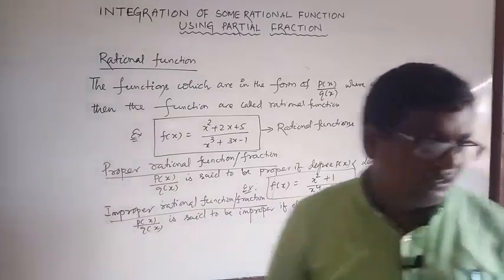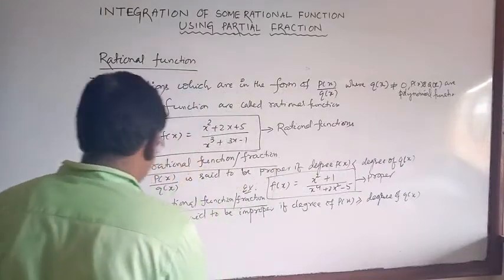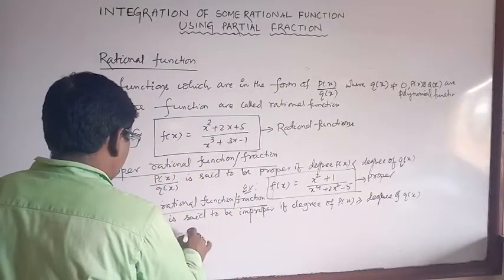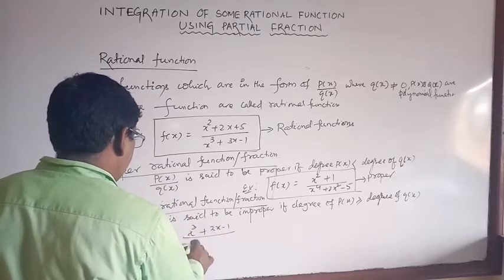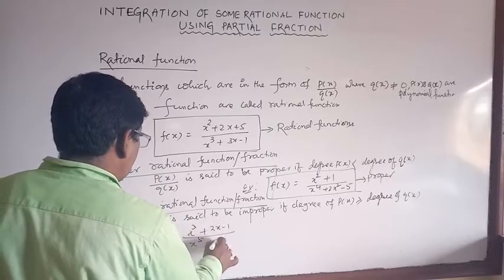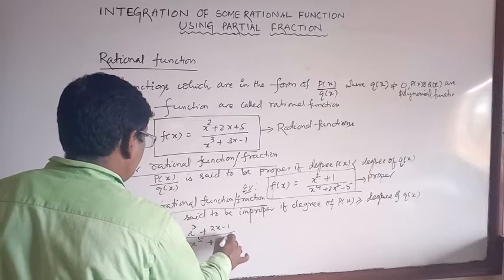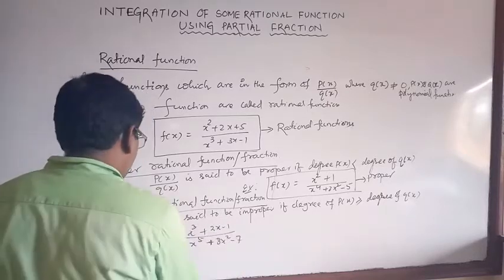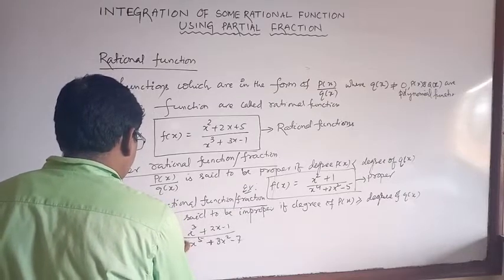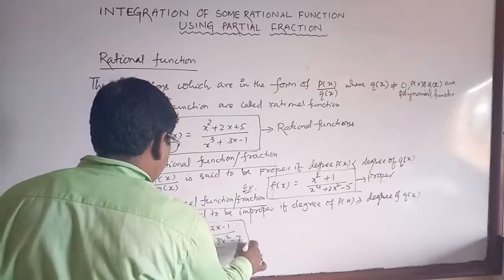For example, x cube plus 2x minus 1 divided by x to the 5 plus 3x square minus 7. This is f of x, so this is improper.